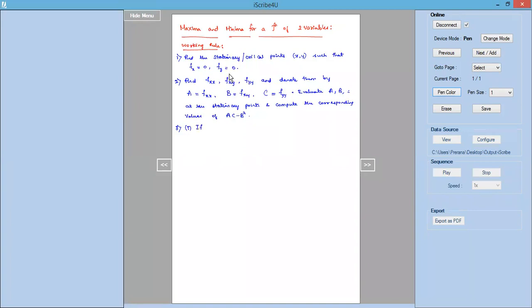If AC minus B square is greater than 0 and capital A, which stands for fxx, is less than 0 at the critical point (a, b), then f has a maximum at the point (a, b) and f of (a, b) gives us the maximum value.